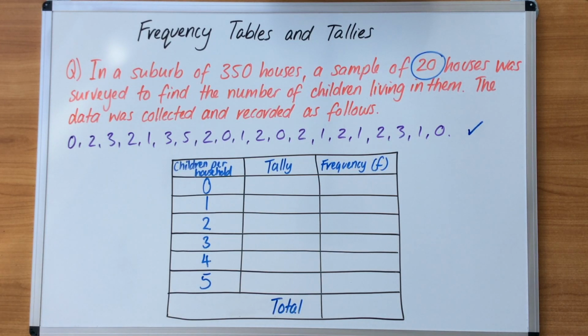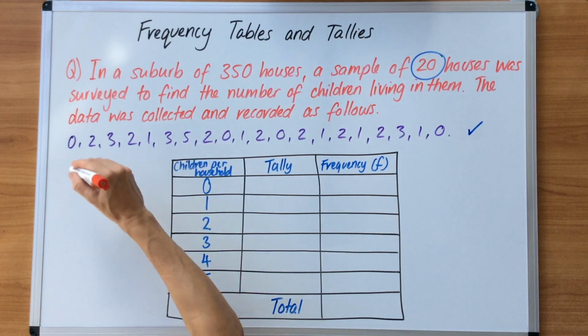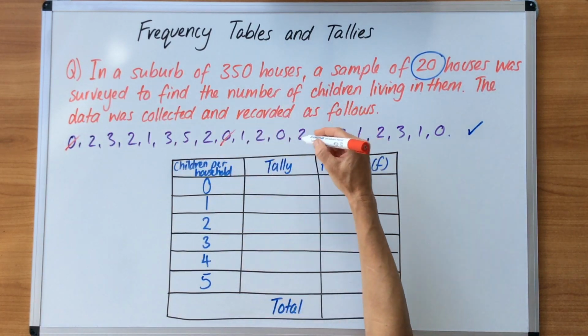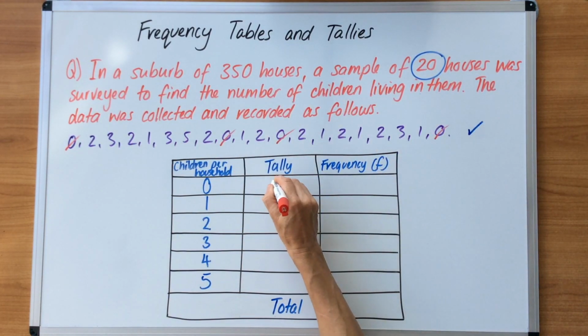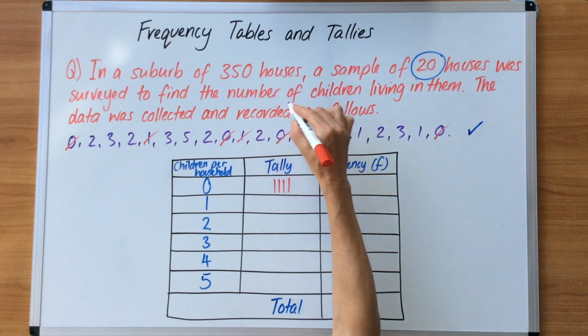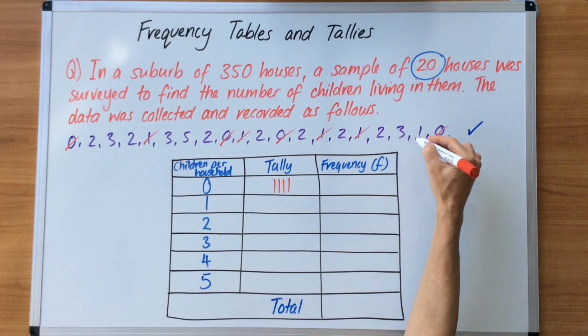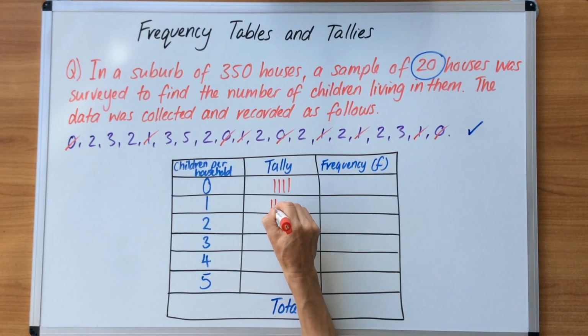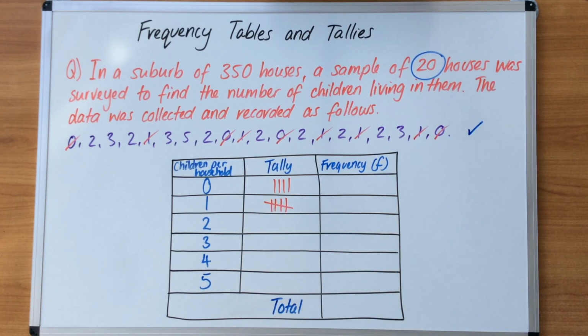So I'm going to go through now and strike off and do my tally. I'm looking for how many times I see 0. 1, 2, 3, 4. The number 1: 1, 2, 3, 4, 5.